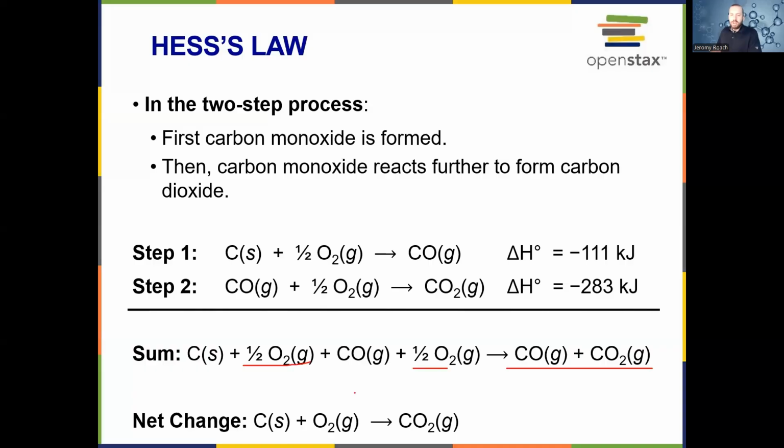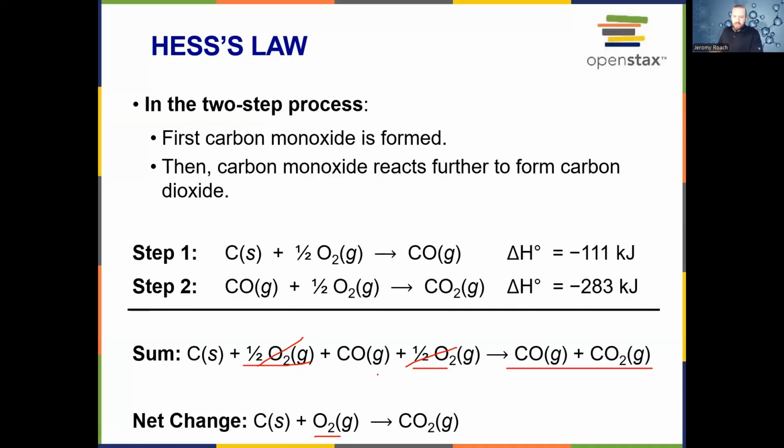That's fine to do. Then we have carbon as a solid and carbon monoxide as a gas. These two halves of diatomic oxygen become just O2, so we cross those out, and it just becomes the O2 here.